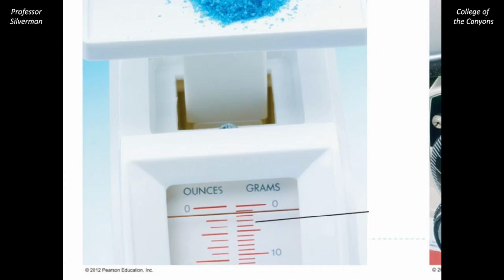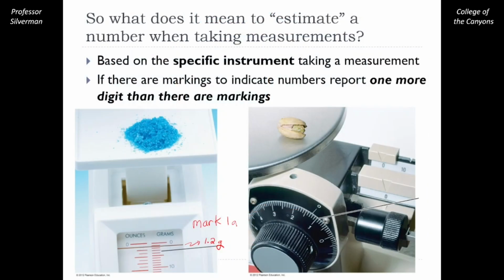So maybe it's 1.2 grams. Or maybe you see it as 1.1 or 1.3 grams. But we can estimate 1 extra place compared to the digits. Since there's a marking every 1 gram, we want to read it to something point something grams. In this case, maybe about 1.2.